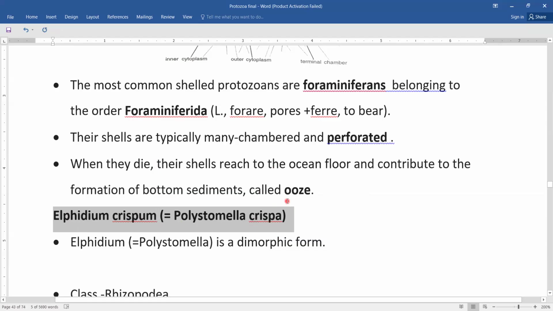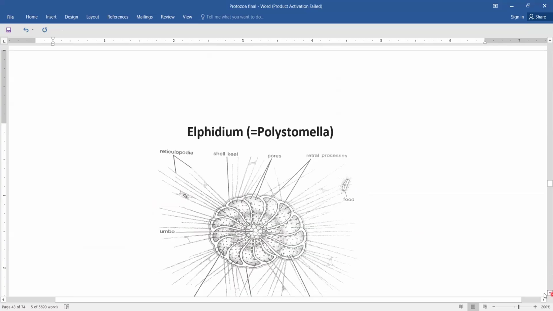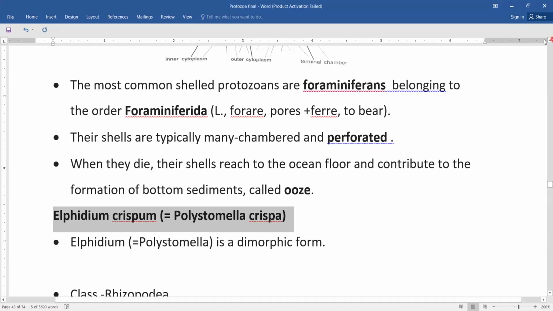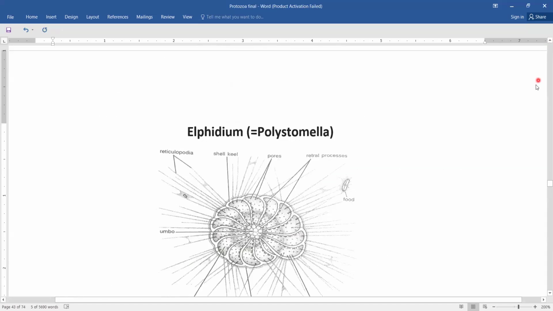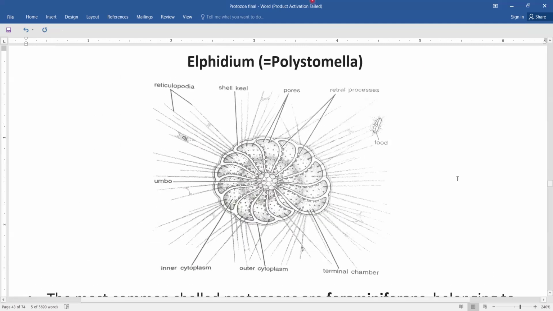Elphidium crispum. So we have seen the diagram. I'll show some morphological features of Elphidium. So this is the shell we are observing. Okay. Here the Elphidium contains many chambers.